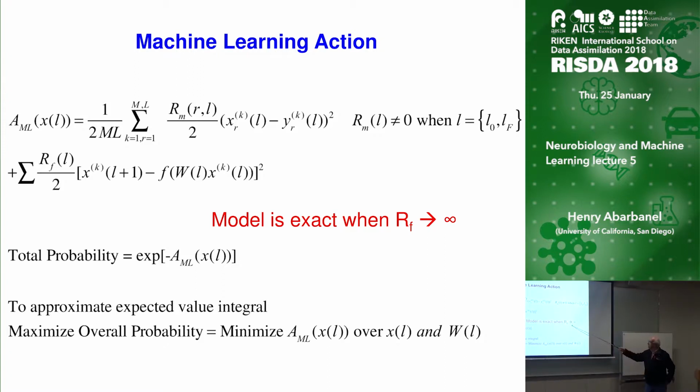The model is exact when RF goes to infinity. And so you know what to do, right? You study the problem when RF equals 0. That gives you the global minimum of that problem, which is degenerate. You start turning on RF a little bit at a time.